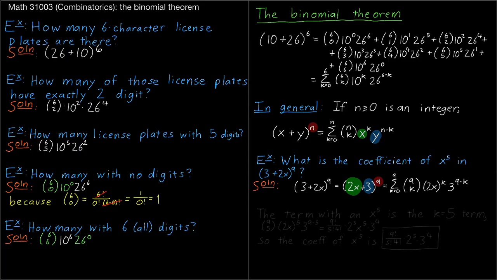And then if we look at our sum, the k equals 0 term is going to have a 2x to the k. When you multiply that out, that's an x to the k and x to the 0. So that won't have an x to the 5.